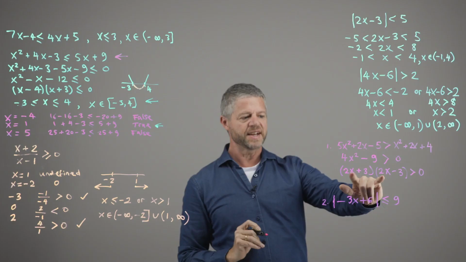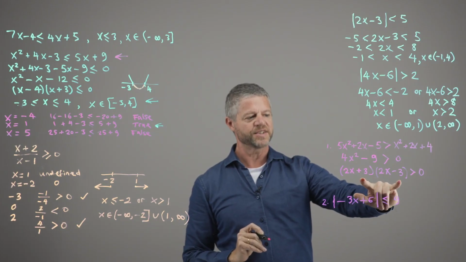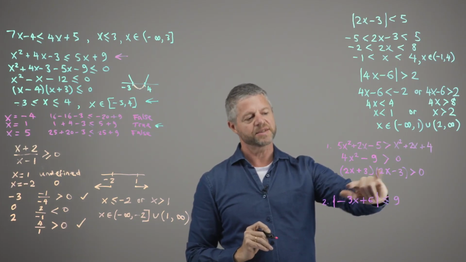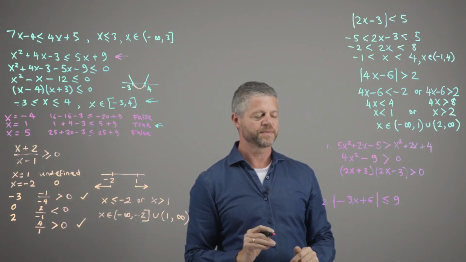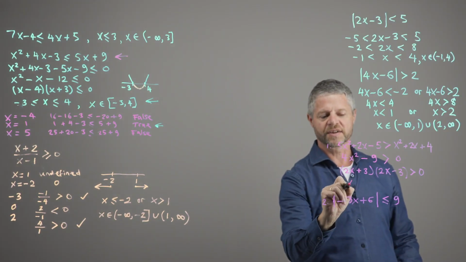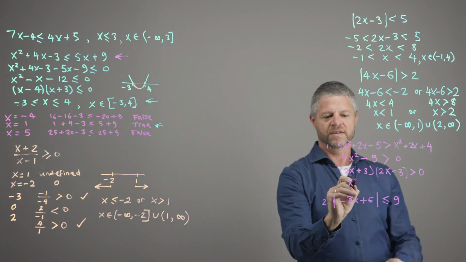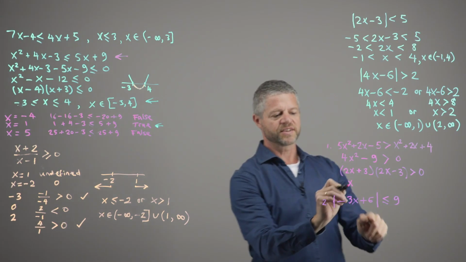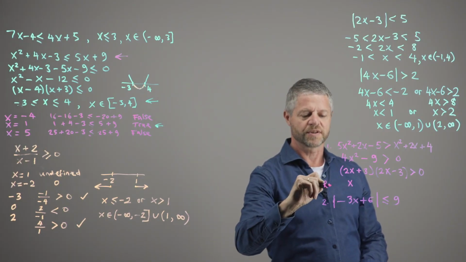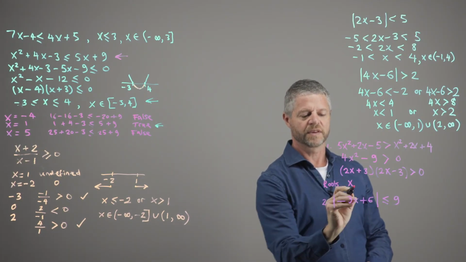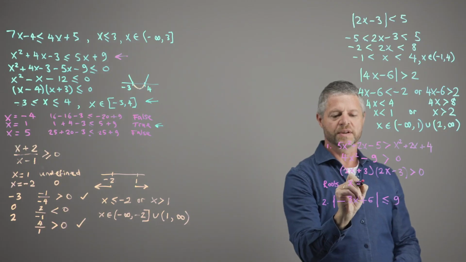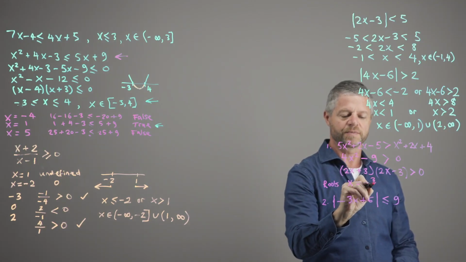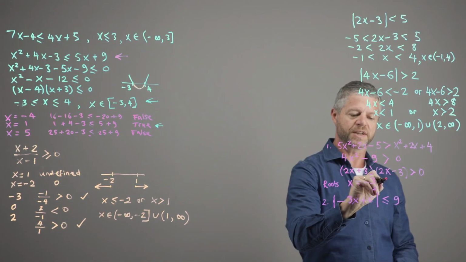If we multiply this out, we get 4x squared minus 9, and then 6x minus 6x, so that cancels. And so the roots of this are at x equals minus 3 over 2 and plus 3 over 2.